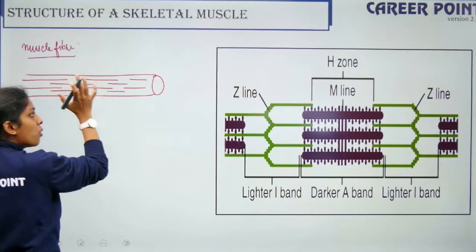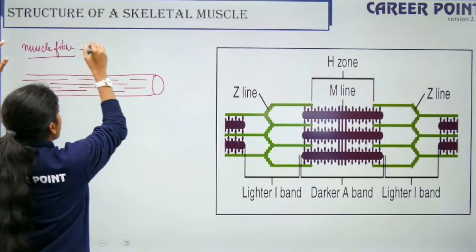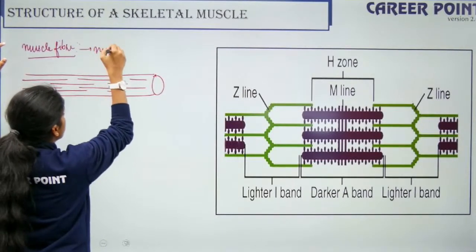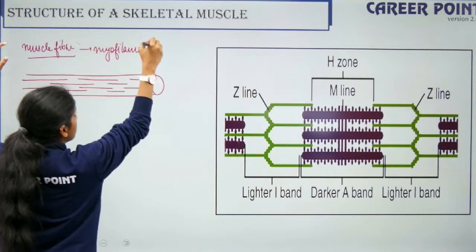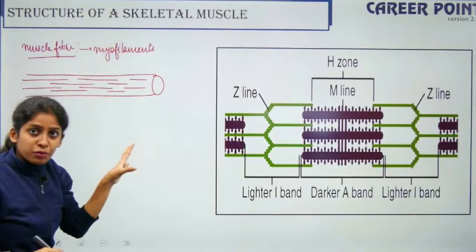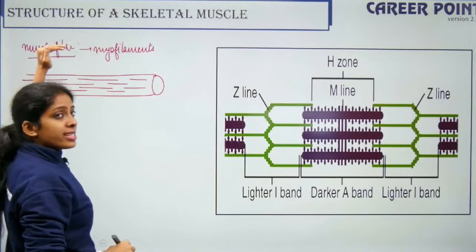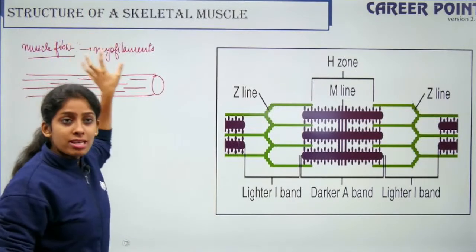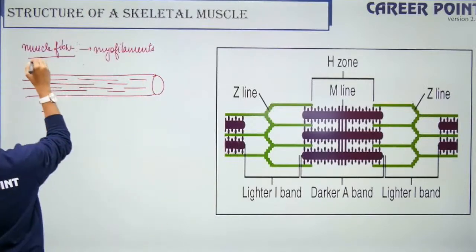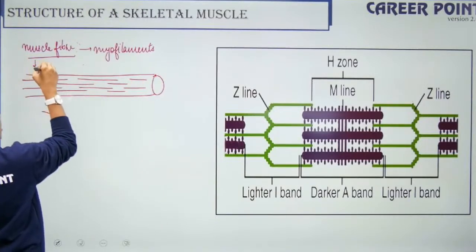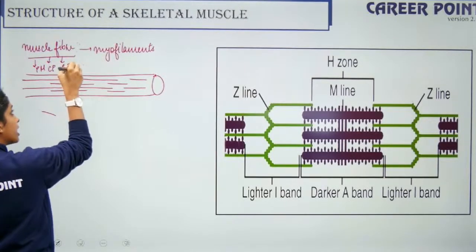Now, how is this being described? Your muscle fiber is made up of myofilaments. Microfilaments are different, they are part of the cytoskeleton. Inside the muscle fiber, we have myofilaments. It has a plasma membrane, a cytoplasm, and an endoplasmic reticulum.